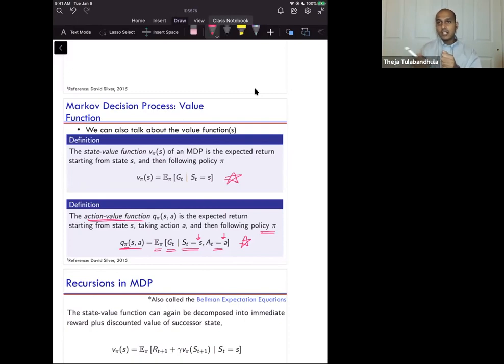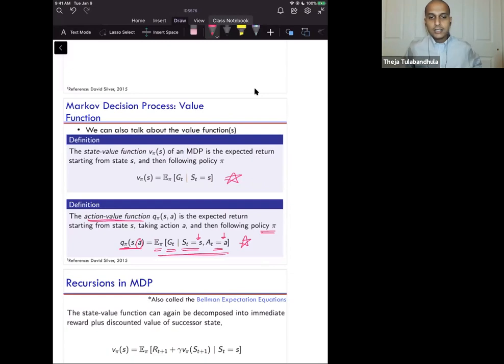So let me fix that action to be not pi of S, but some other action, or it could be the same action. I get to choose an action for the immediate time step. So let me pick an action A. At the state S, I took an action A, I'll go to some other state, let's call it S prime. From that state S prime onwards, I'm going to apply my policy, and it's going to be a usual Markov reward process. So that's the distinction between these two.